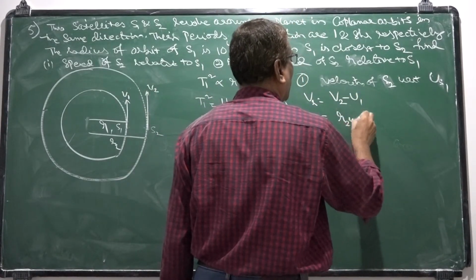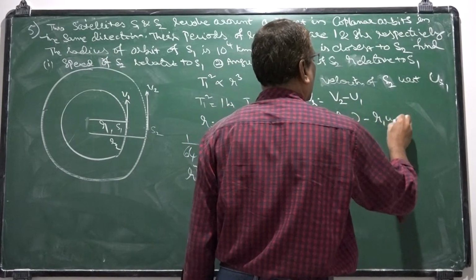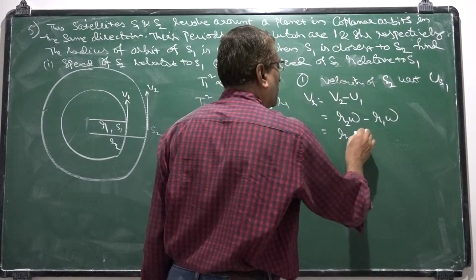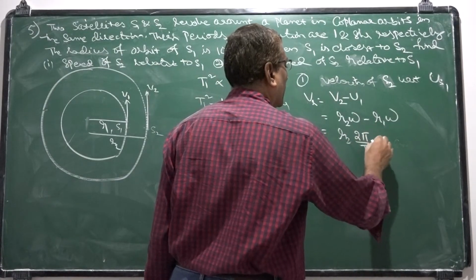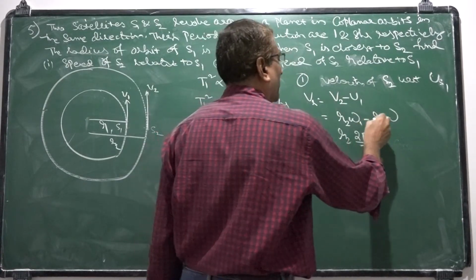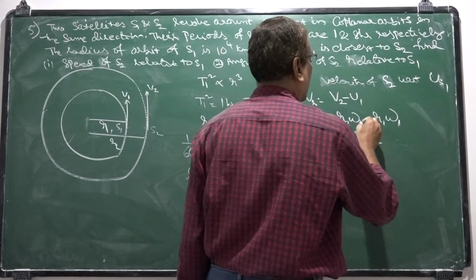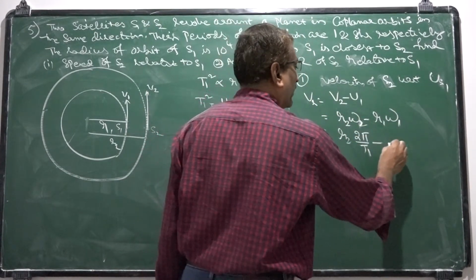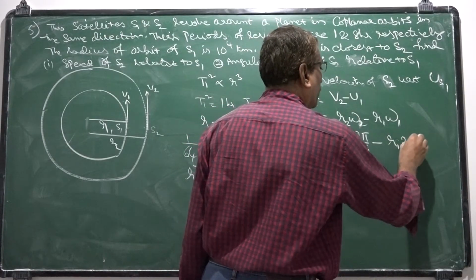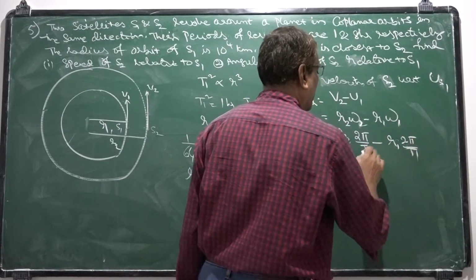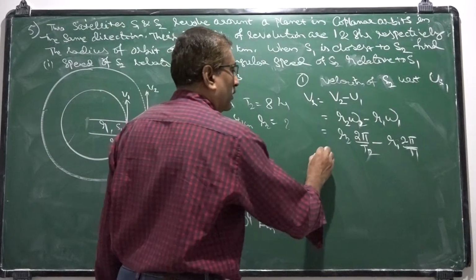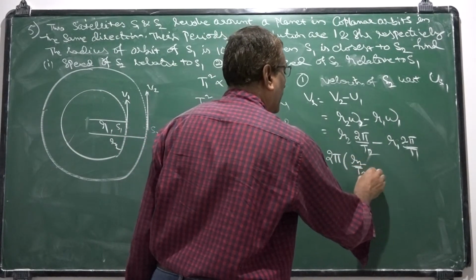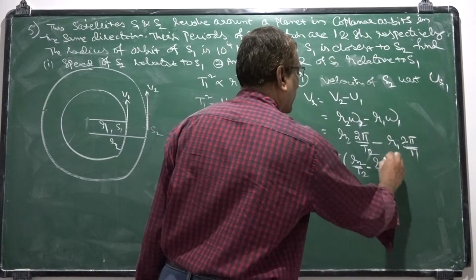So R2 omega2 minus R1 omega1, that is R2 times 2 pi by T2 minus R1 times 2 pi by T1. Sorry, this is T2. So 2 pi, R2 by T2 minus R1 by T1.